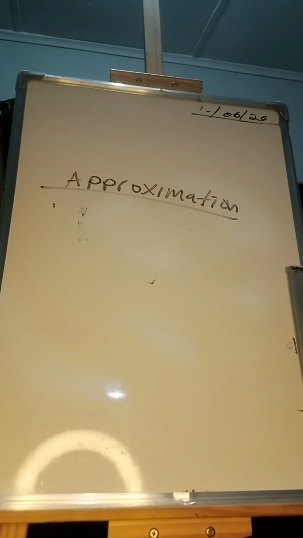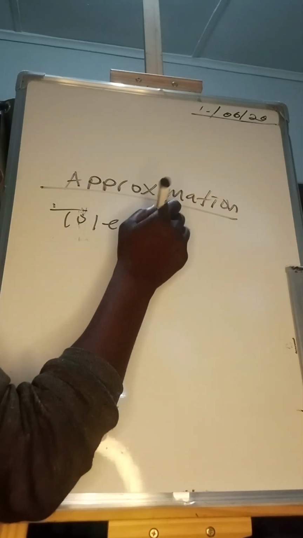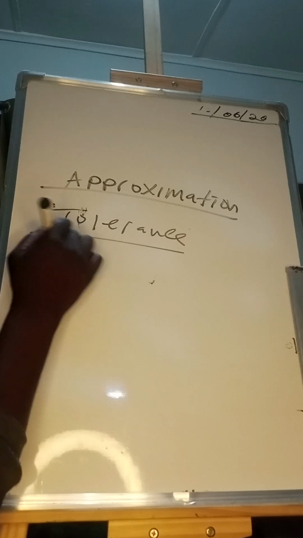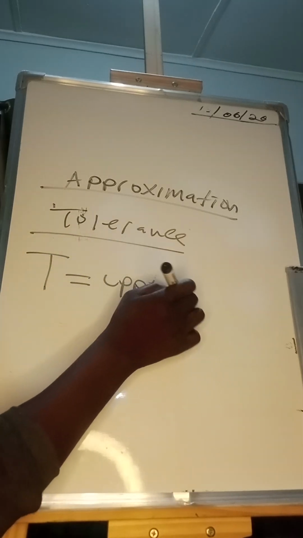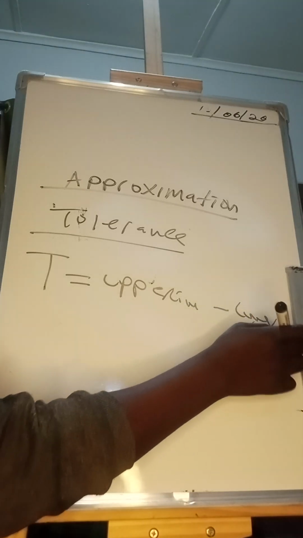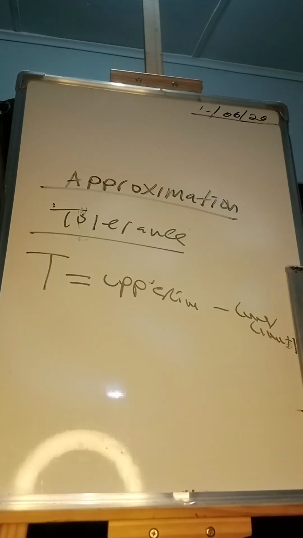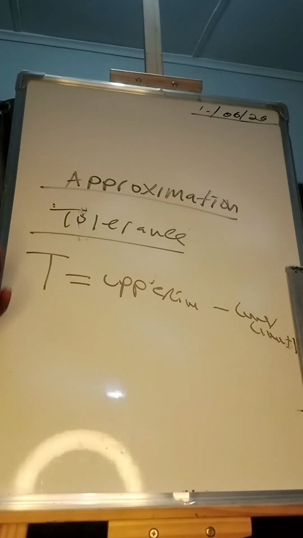Tolerance. So you can write tolerance is equivalent to upper limit minus lower limit. So the difference between the upper measurement, the upper length, and the lower length, that difference is the tolerance.